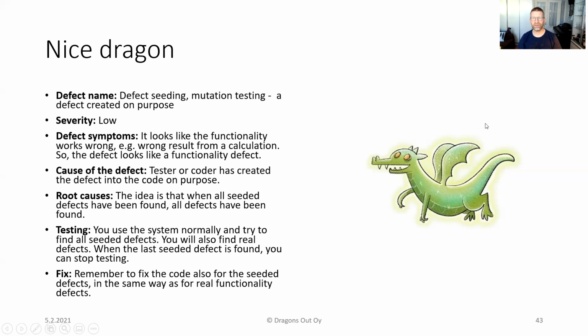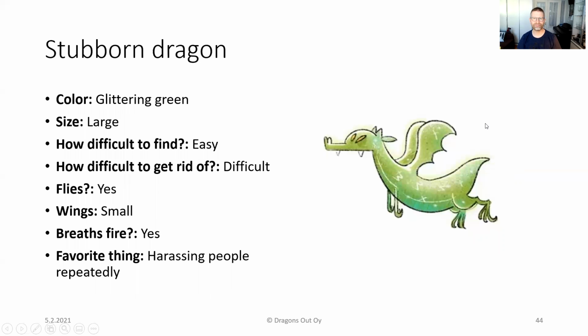And then the theory is that once you test after that, once you have found all those seeded defects, you have found all the real defects as well. So it's a way to measure your coverage, measure how well you tested. And in that way, it helps testing and finding real defects. So these are the nice dragons.